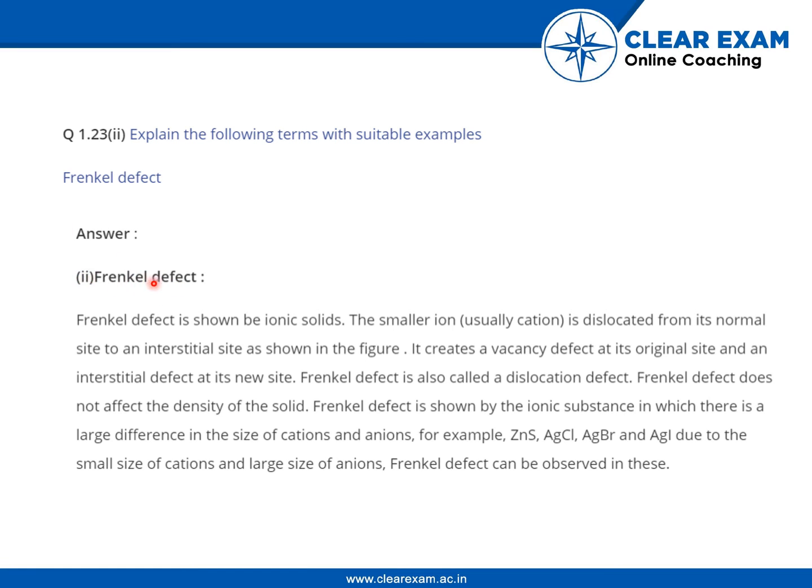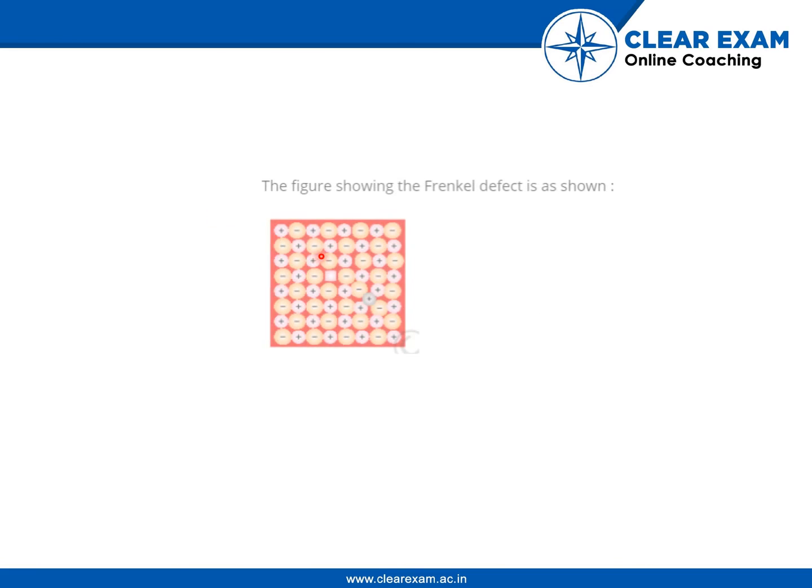So in Frenkel defect, in an ionic solid, as you can see in the figure, suppose this plus charge jumps from this location to some other location. So there is a vacancy here, but the plus charge still remains in this ionic solid. So the density does not change in the Frenkel defect. Okay.